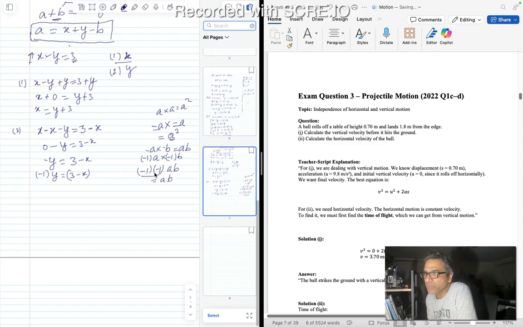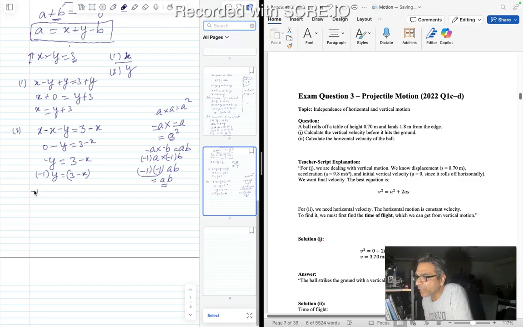So minus 1 times minus 1 is again 1, and once multiplied by 1, it's the same number. Okay. So now we know that to get a positive, we need to multiply both sides by minus 1, right? So that's what I'm doing.